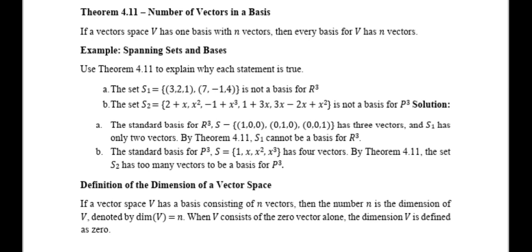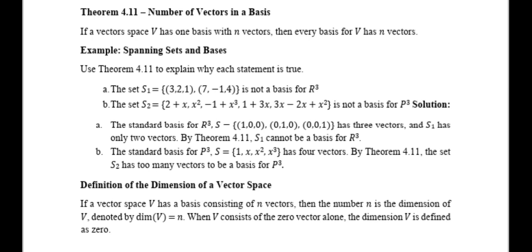B. The set S2 = {2 + x + x^2, -1 + x^3, 1 + 3x - 2x^2 + x^3} is not a basis for P^3. Solution: A. The standard basis for R^3, S = {(1, 0, 0), (0, 1, 0), (0, 0, 1)}, has 3 vectors and S1 has only 2 vectors.